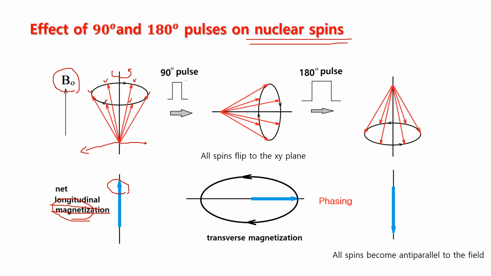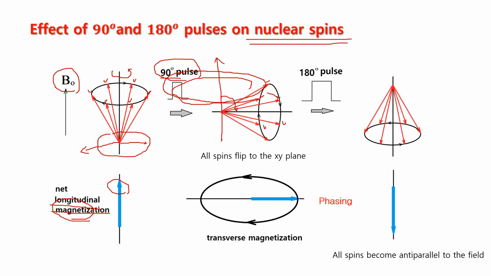Now, if we apply a 90-degree pulse, then every nuclear magnetic moment rotates to the y-axis, or the xy plane. So every nuclear spin rotates 90 degrees, and these nuclear spins precess around the B0 field.